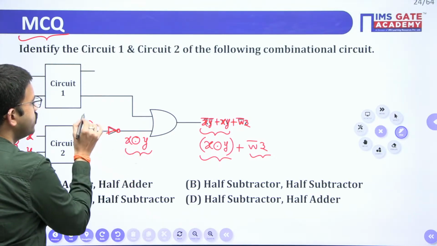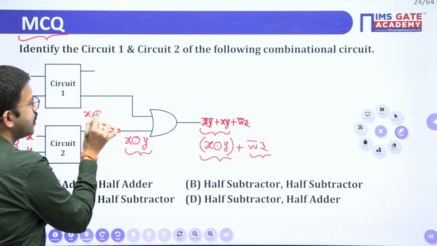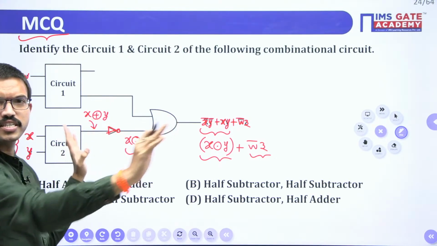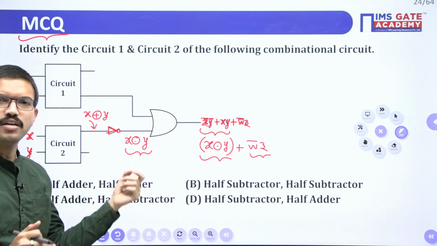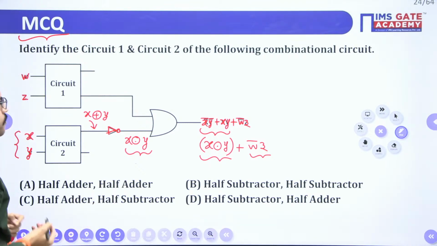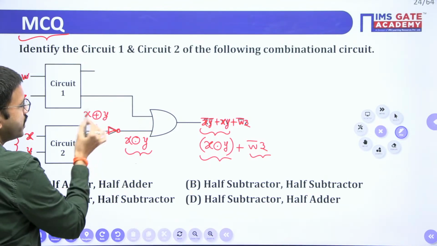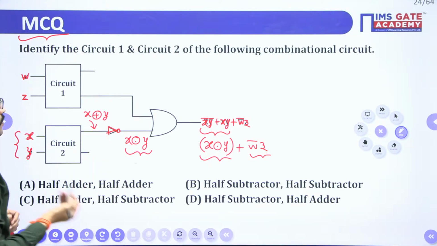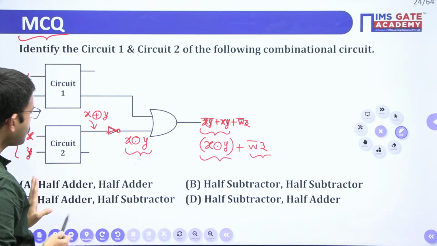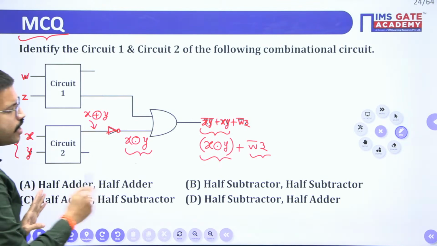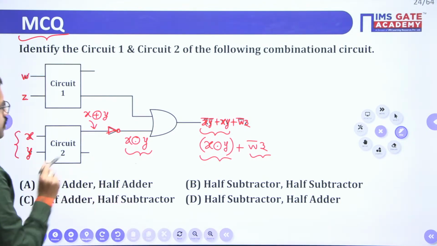So we know that XOR and XNOR are complements of each other. For the generalized case, whatever the number of input variables, in general XOR and XNOR are complements of each other. So here you got X exclusive OR Y. Since you are having choices, half adder you are having, half subtractor you are having.